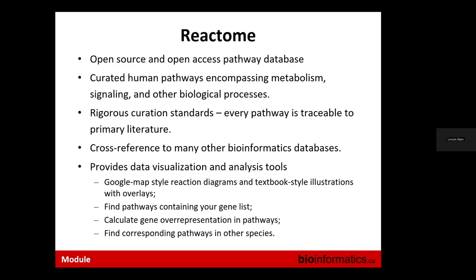Everything in the database has a citation in the primary literature, and we have a review cycle where each curator's pathway gets reviewed by outside experts, PIs and senior postdocs, and gets updated and brought up to date. We do cross-references to other informatics databases, so when you see a protein or a gene, you know what it is unambiguously. And we provide a series of visualization and analysis tools that I'll talk about.